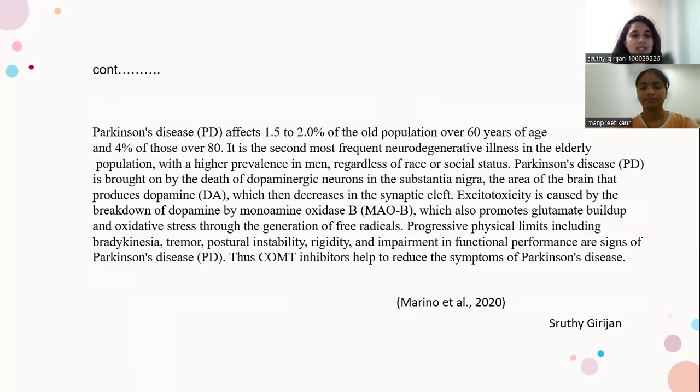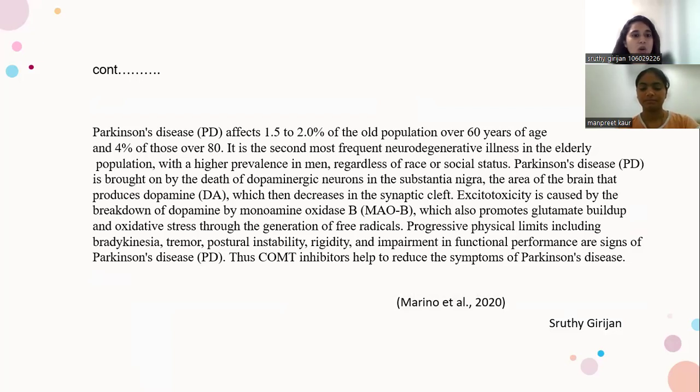This disease is the second most frequent neurodegenerative illness in the elderly, and it is very common in the elderly, with a higher prevalence in men. Parkinson's disease is brought on by death of dopaminergic neurons in the substantia nigra, the area of the brain that produces dopamine, which then decreases in the synaptic cleft.